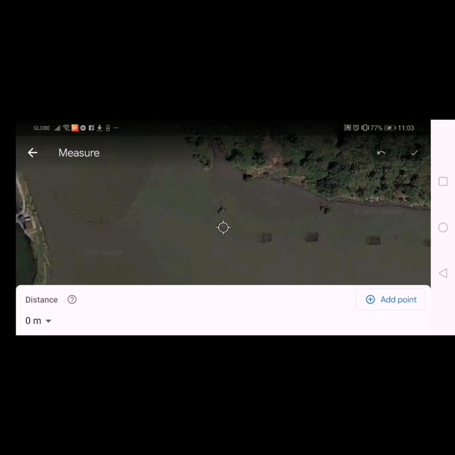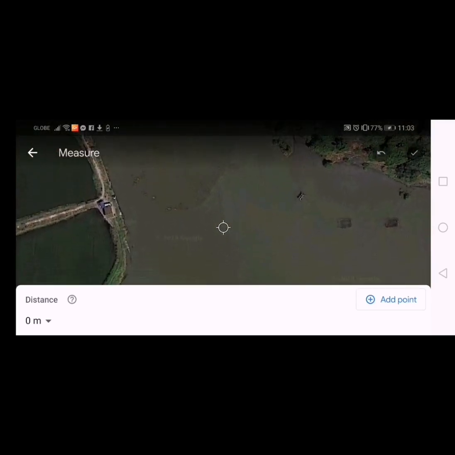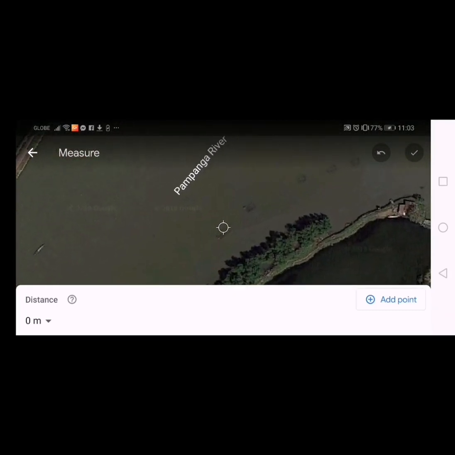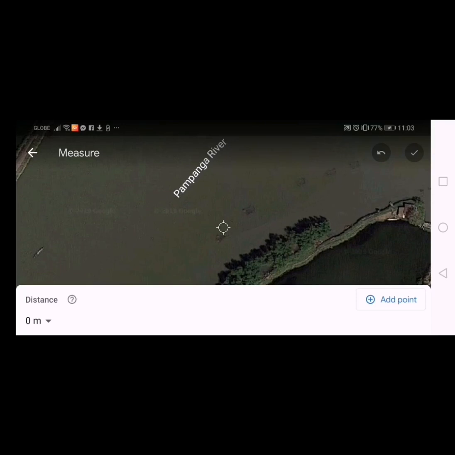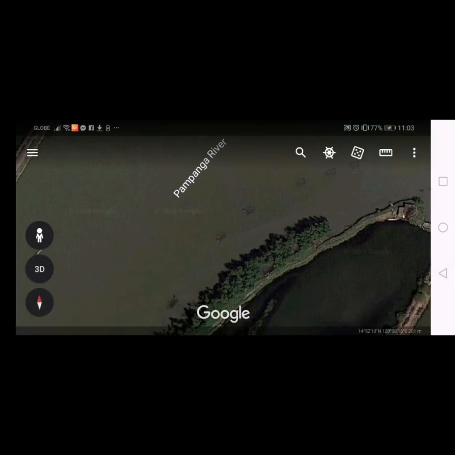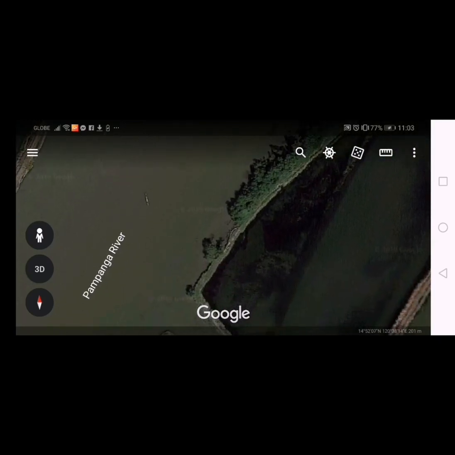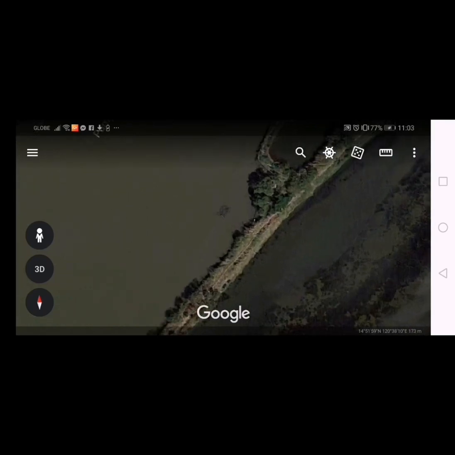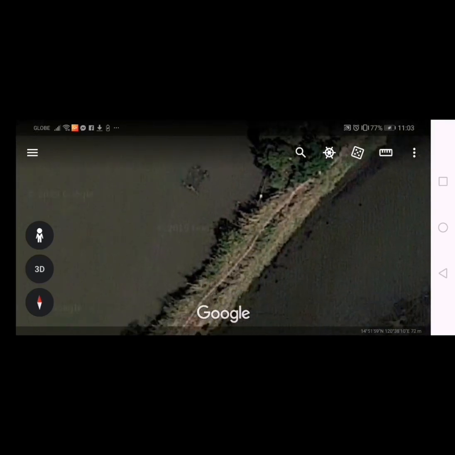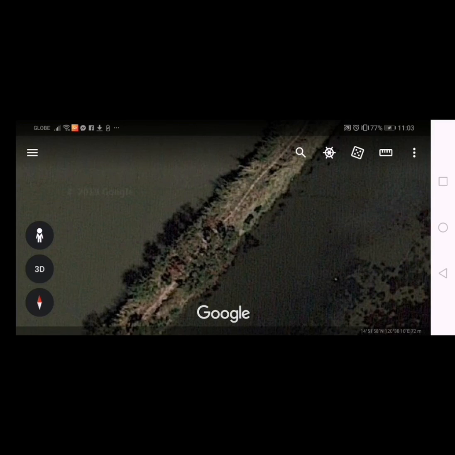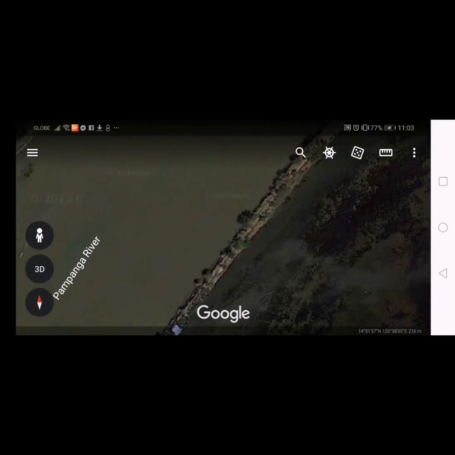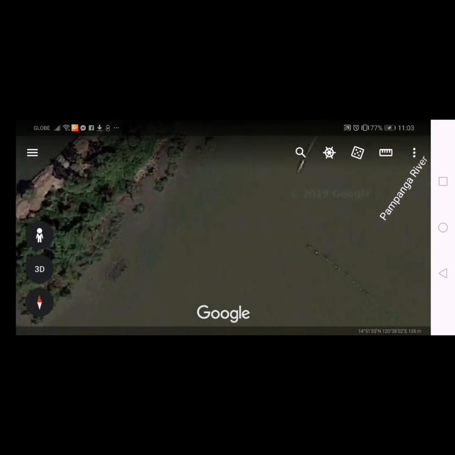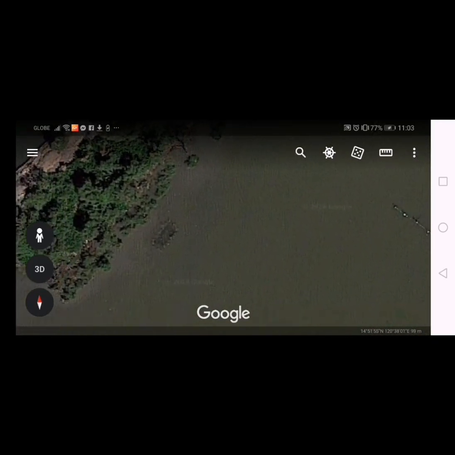Okay, so these structures are actually present from this area, and they can still be seen on the mouth of Pampanga River, where Pampanga River meets Manila Bay. Okay, this is the area where these structures are actually present.